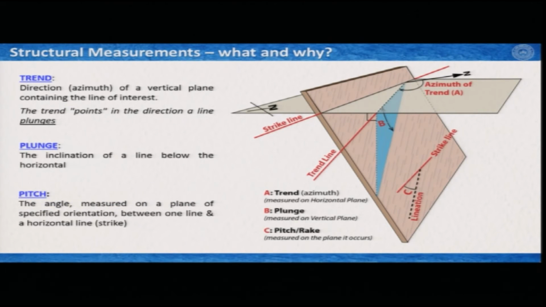Let us have a look at how to measure the linear features. So, I have the same plane here, and in this plane I have a series of linear features, as you can see. Now, our aim is to measure the orientation or attitude of these linear features. There are three terms associated with these linear feature measurements: one is trend, one is plunge, and another is pitch.